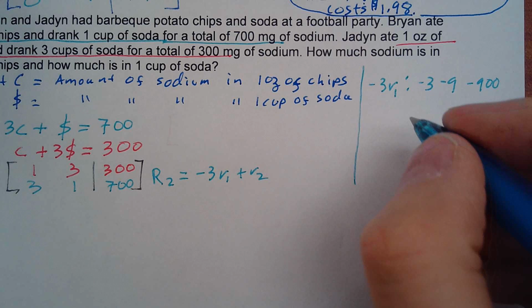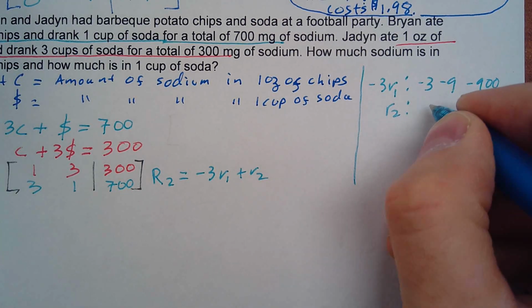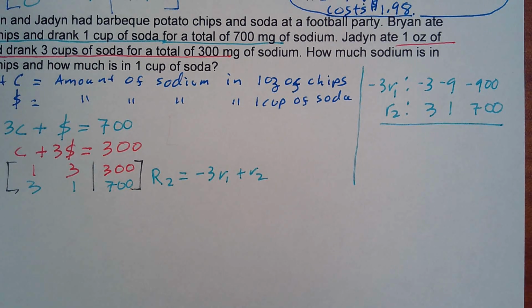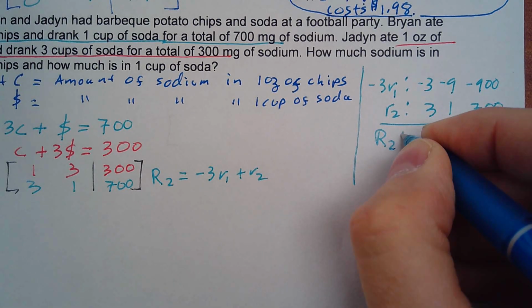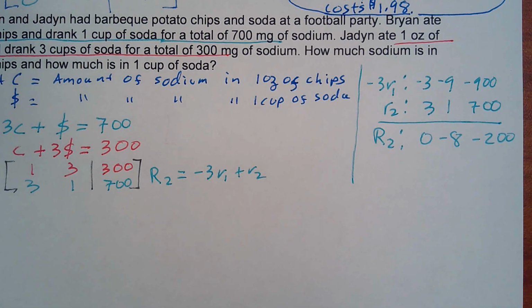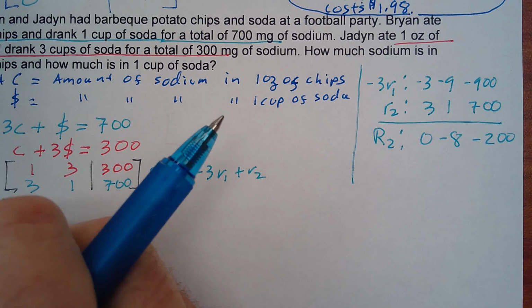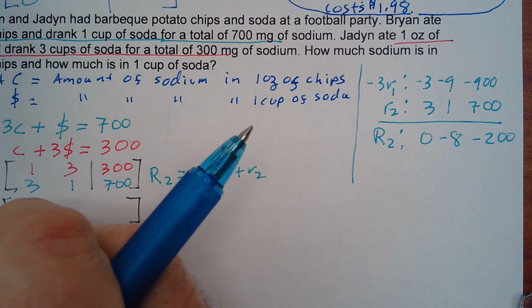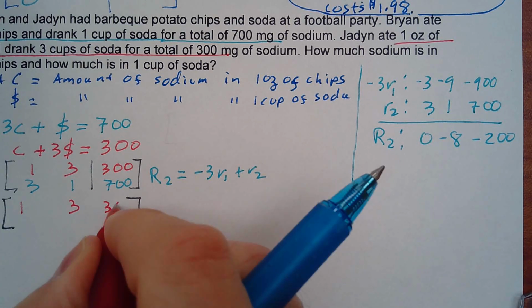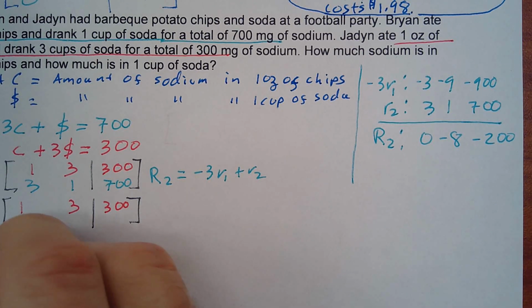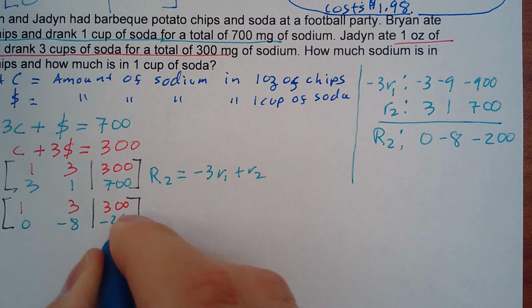Row number 2 is 3, 1, 700. Add them together. My new row number 2 is 0, -8, -200. So this would be 1, 3, 300. And then we have 0, -8, -200.